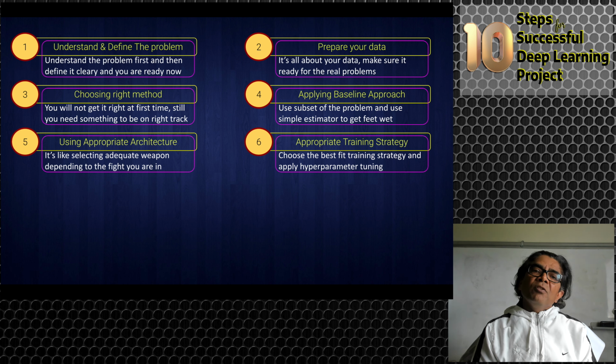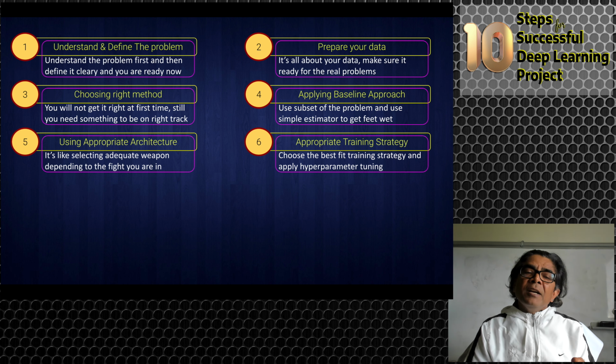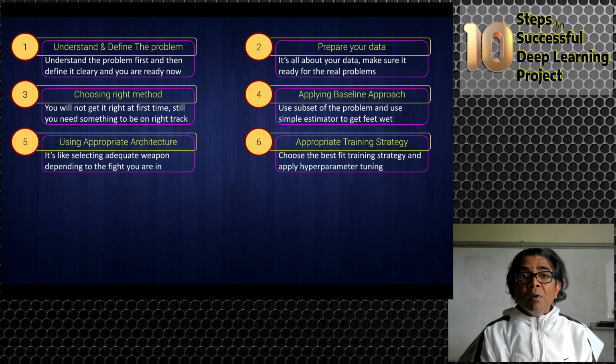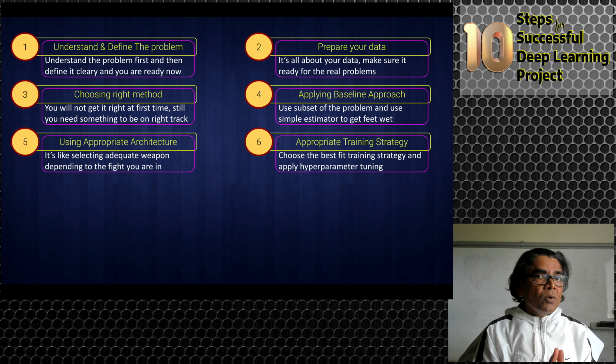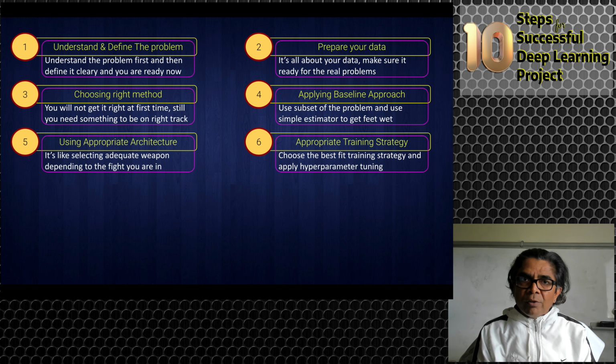And within the training strategy, another technical aspect is hyperparameter tuning or hyperparameter optimization. Your neural network is a combination of lots of layers, and each layer has a significant amount of properties to be set correctly in order to get the best results.